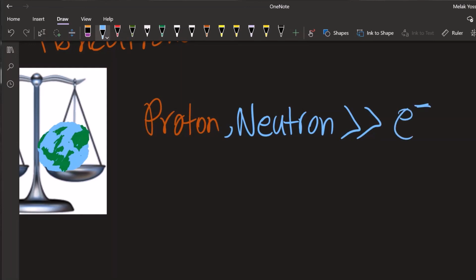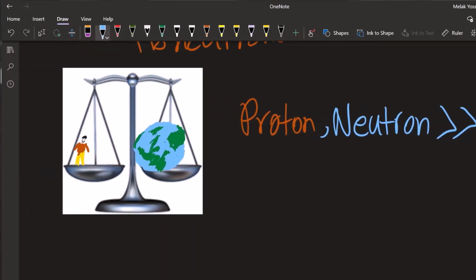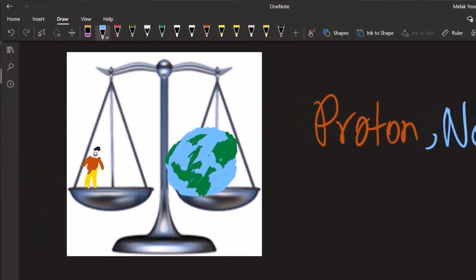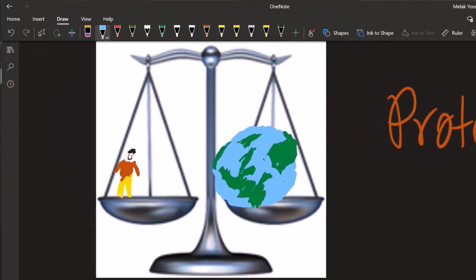Charge-wise, electrons are still very important to the atom, and that's their main significance. But trying to account for an electron's mass in an atomic mass is like trying to take an individual's weight when you're trying to measure the mass of a planet. That's the disparity right there in size.